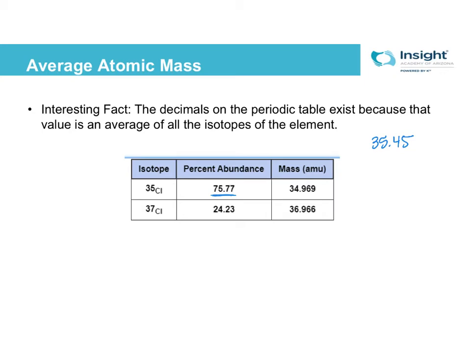But to get that actual 35.45, you would take this 35 mass, 34.969, and multiply it by the decimal form of this percentage, which is 0.7577. I get that by dividing by 100. And you're going to add it to the other isotope mass multiplied by its decimal form of the percentage.